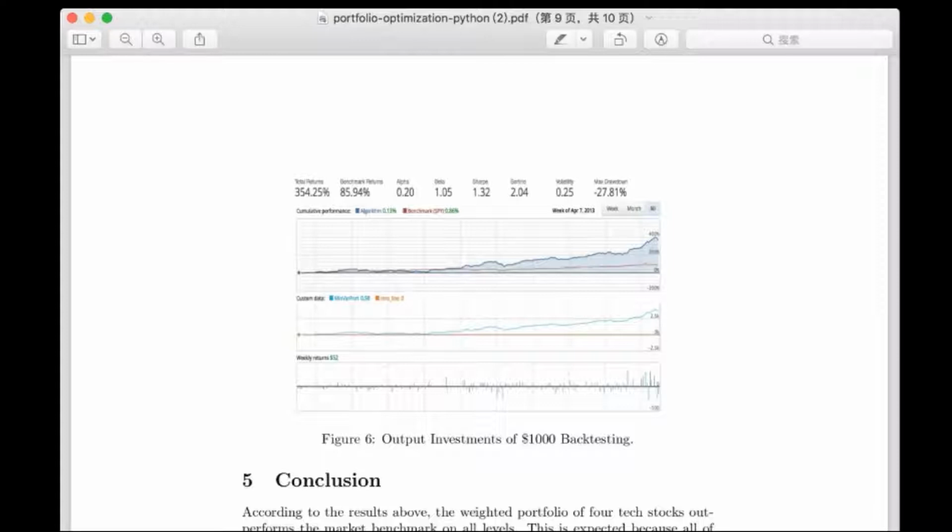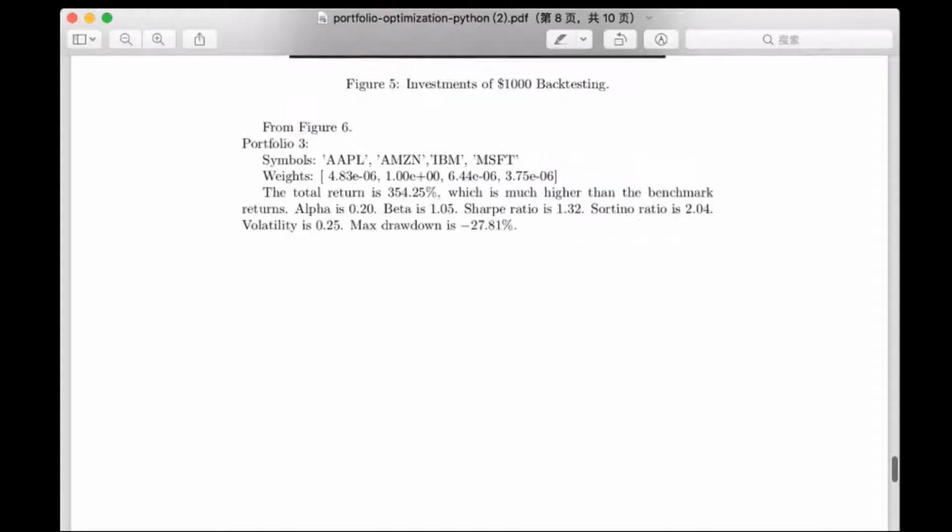But the result is really good, which is much higher than the benchmark returns. The alpha here is 0.2, beta is 1.05, Sharpe ratio is 1.32, Sortino ratio is 2.04, volatility is 0.25, max drawdown is minus 27.81%.